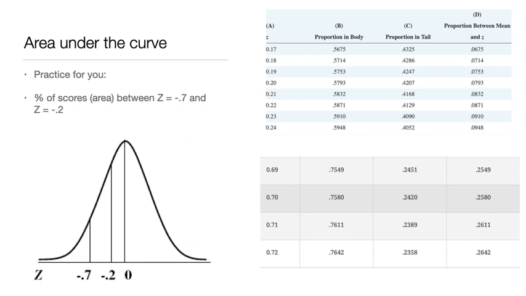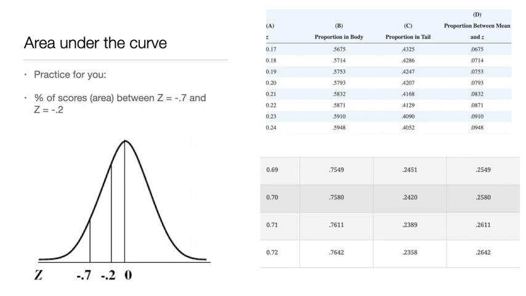And so whatever that value is in the body for 0.7 is the same value in the body for -0.7. So you don't have to worry about where those negative numbers are because it's symmetrical. The body proportion will be the same. It's basically a mirror image of each other.